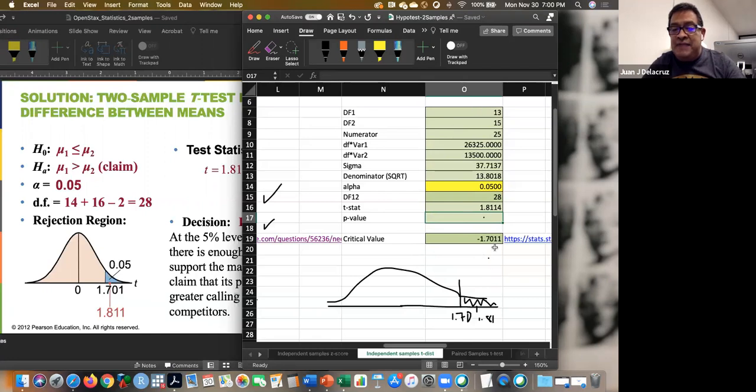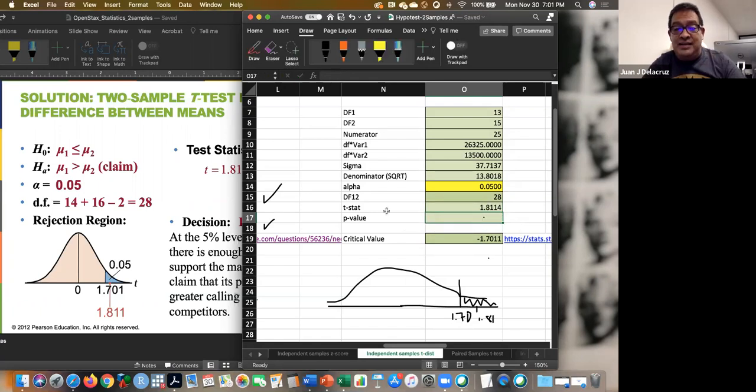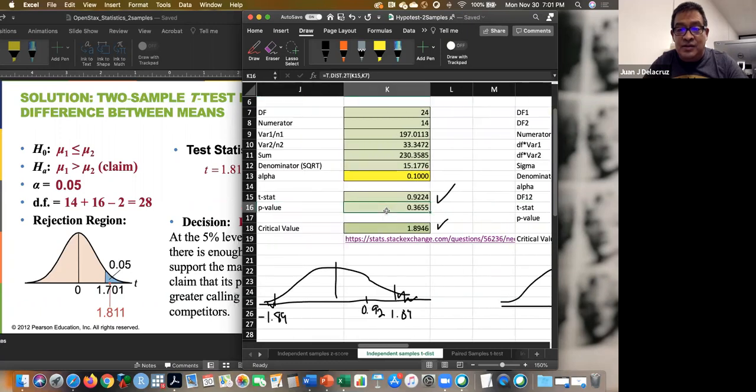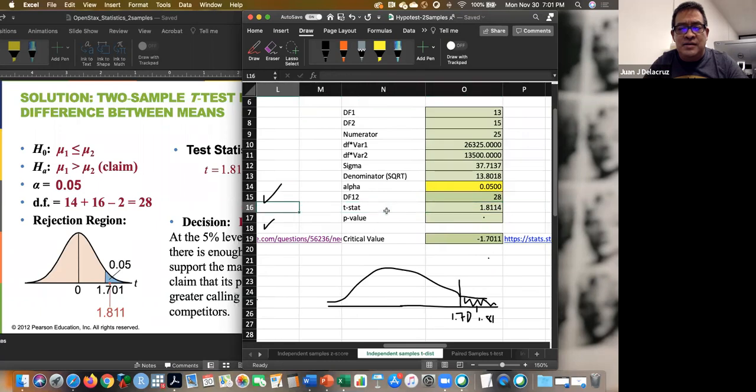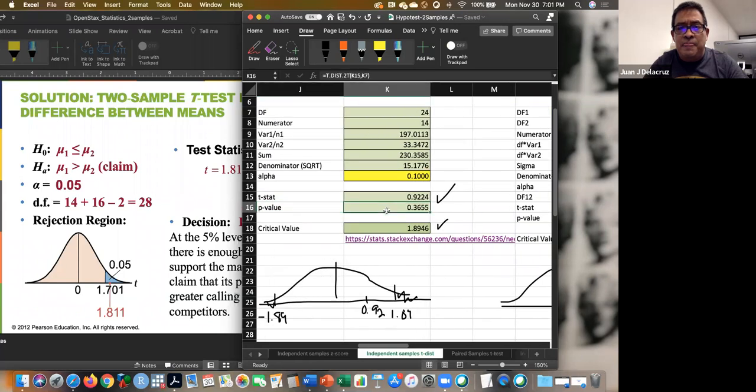And this is the critical value based on my alpha. So in this case, oh, I see. This is the T statistic. This is only for one. So I have to review this formula. I think, hold on. What did we use here? T, that is 2T. p-value.